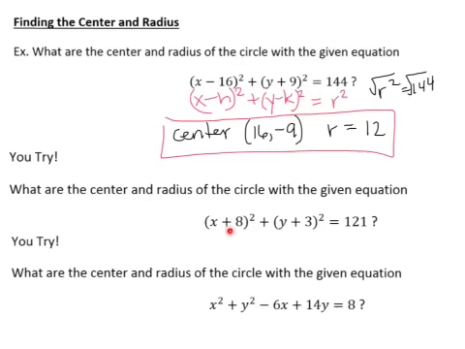And then to make them a binomial squared, you'll have to find perfect square trinomials that you can factor into a binomial squared. Okay, so good luck, pause it, and then see the last slide.